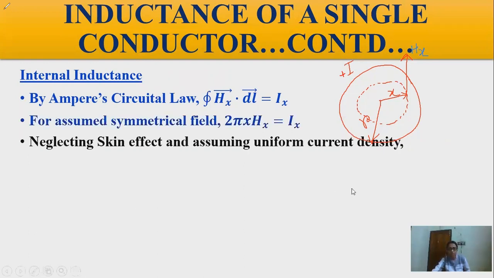Now suppose the skin effect is ignored or neglected. That means we are assuming uniform current density.